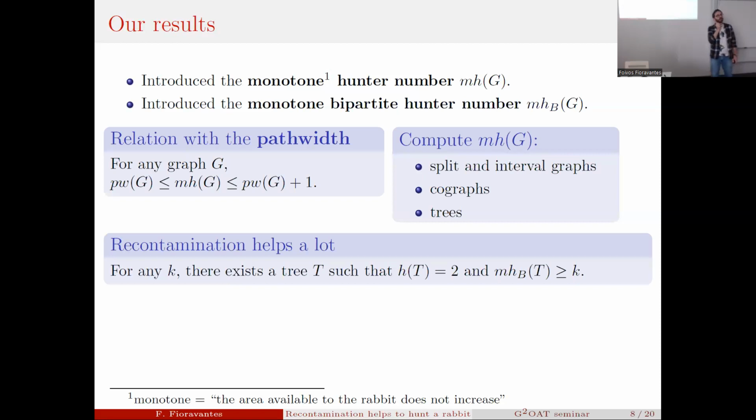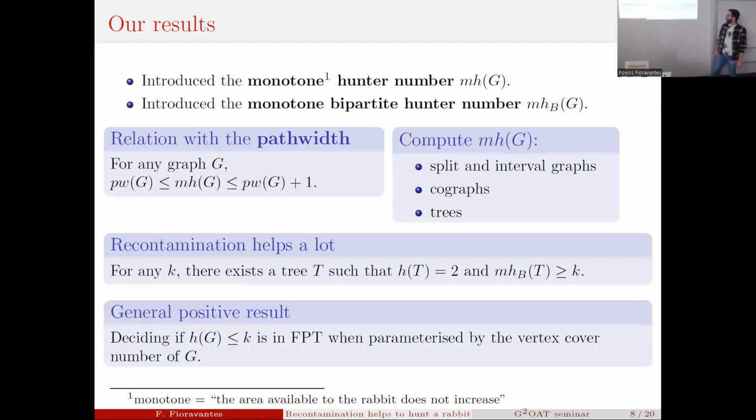So is monotonicity the property that the hunters must shoot in a way such that the area does not increase? Yes, I will define it properly. But yes, that's it. The strategy should take care of the rabbit not being able to come back to the area that is already dealt with, let's say. And then we have a general positive result. We gave an FPT algorithm for computing the hunter number, parameterized by the vertex count.